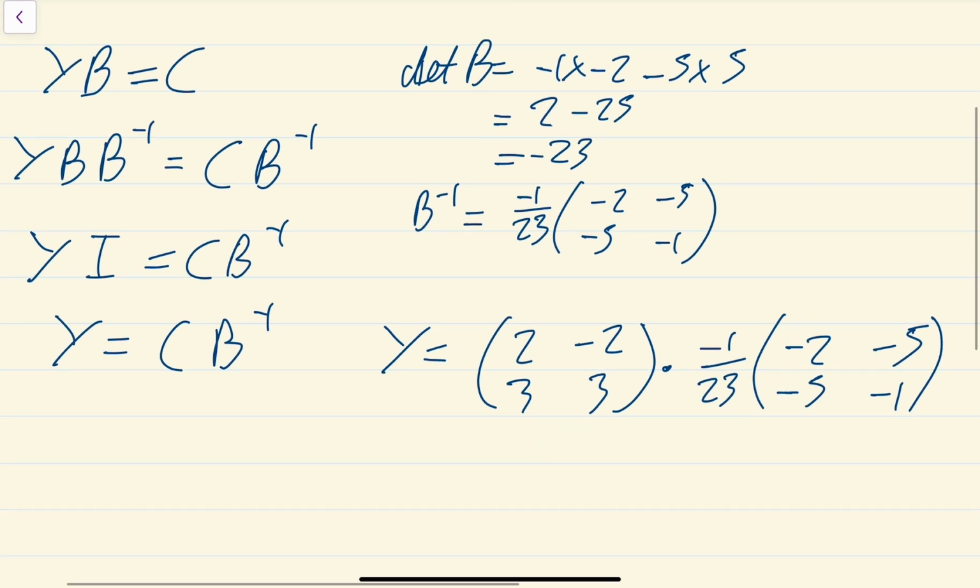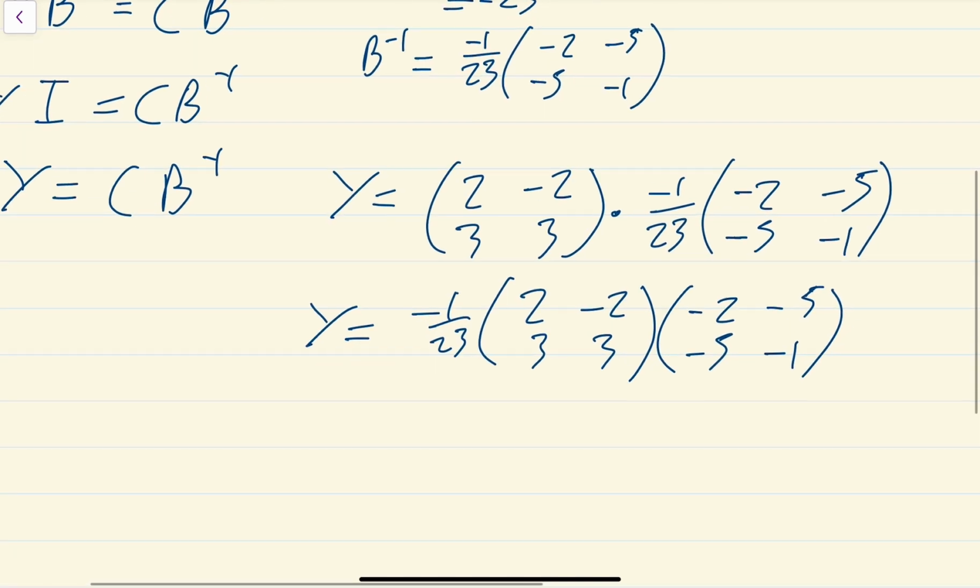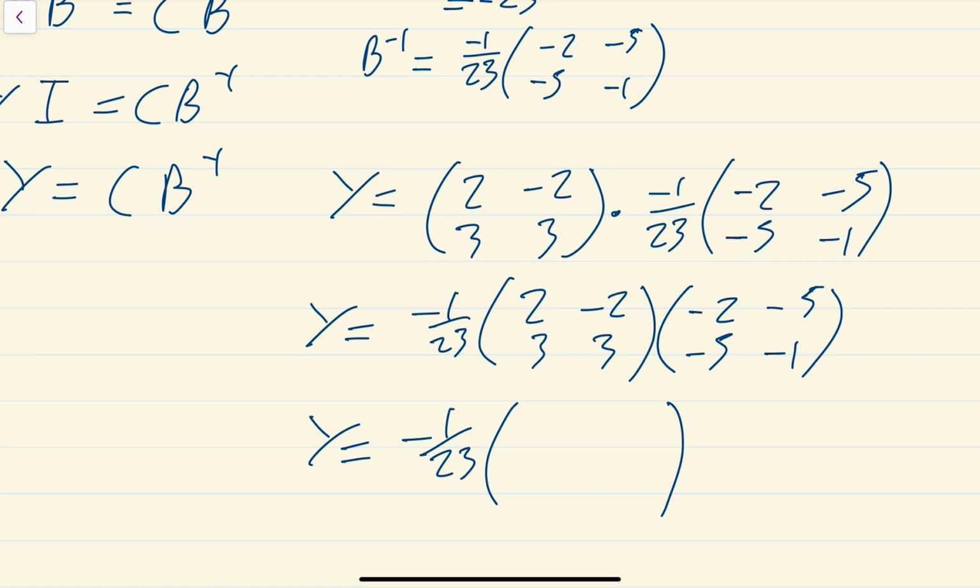We could write that with the minus 1 over 23 out in the middle, just put it this way, and then we're good to go. Now, multiplying matrices. Think about where these elements are. This first element is in the first row, first column, so I'm multiplying my first row by my first column.